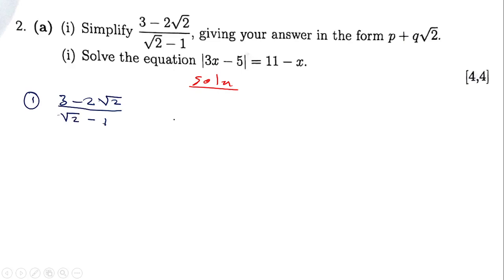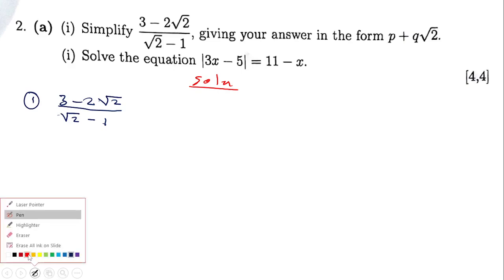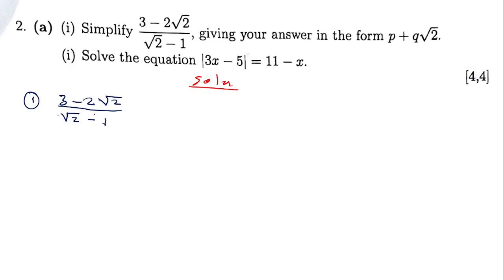In this case, what I have been told is to rationalize that expression. To rationalize it, I need to find the conjugate of the denominator. So I'm going to say times square root 2 plus 1 over square root 2 plus 1.